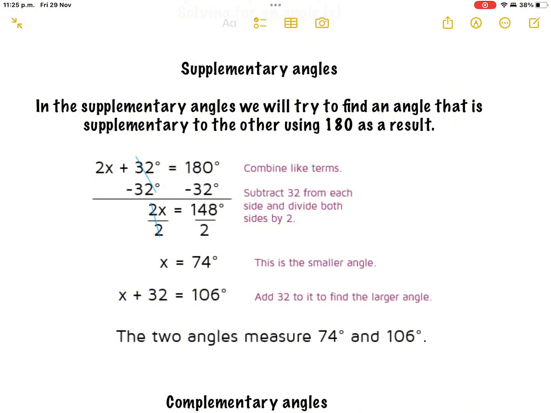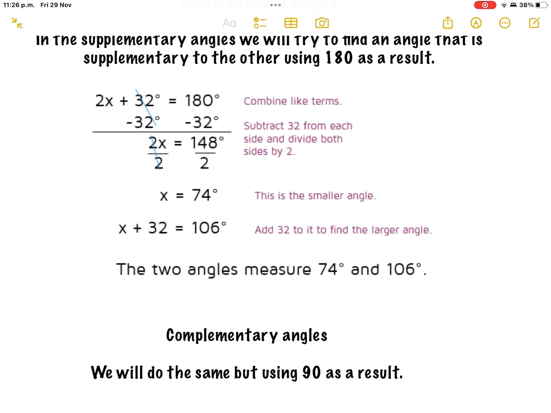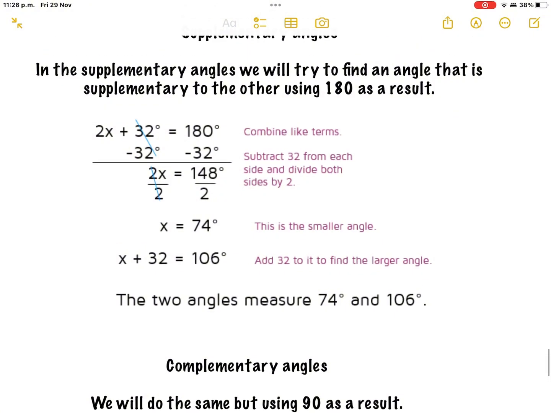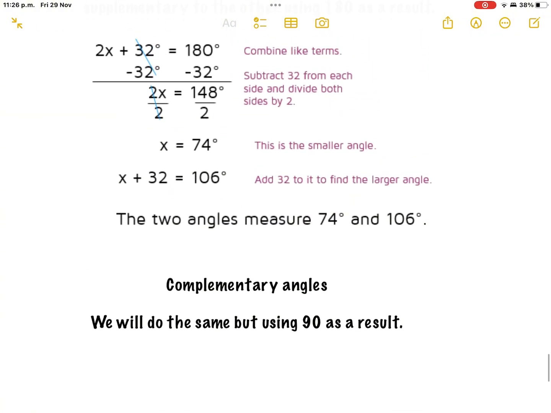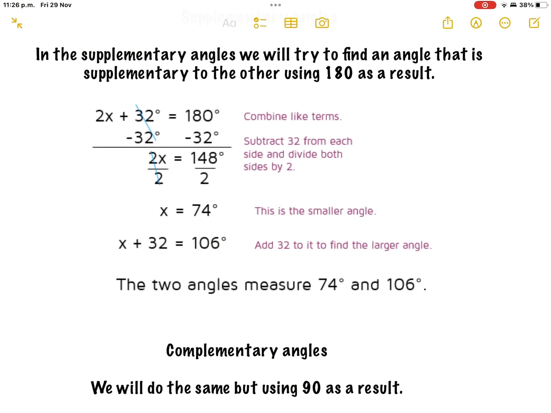With the complementary it is the same, so we're going to put our 90 as a result because the complementary angles make up 90 degrees when they are added. Same as with the supplementary, we're going to put our 180 degrees as a result. Now that in the algebraic expression we found the two angles or one angle, and we have their degree measures, we can know whether they are complementary or supplementary.